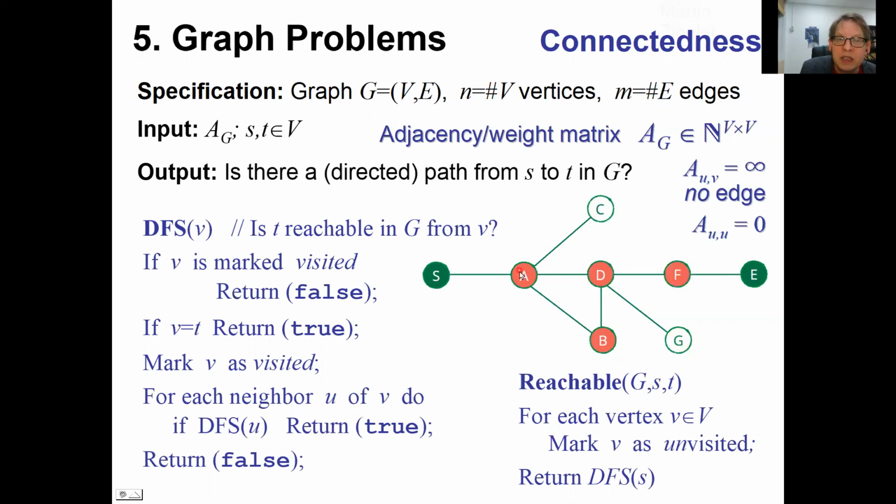So in this example execution, the neighbors of A are S. Yes, S is a neighbor of A, but S has already been visited, so it will not be visited a second time. Then the next neighbor of A is B. B has not yet been visited, so this is the next vertex that is visited, and that's where the recursion dwells into.